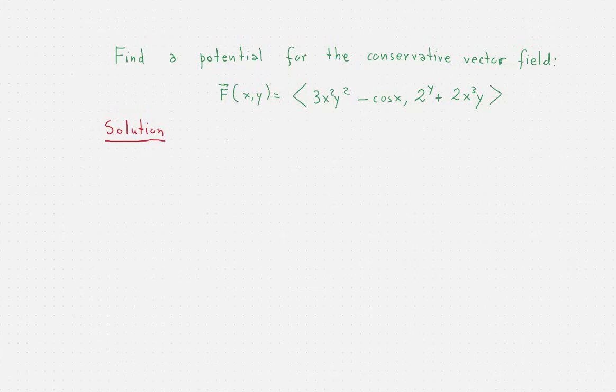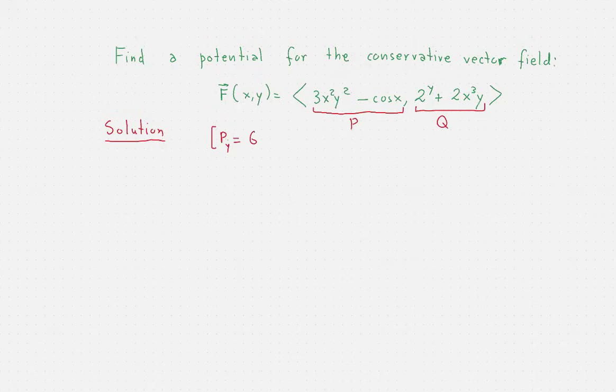And even though it's not asked of us to check that this is a conservative vector field, it might be a good idea to give a quick justification. So first of all, we have a vector field which is defined on all of R squared. And if we take p sub y, we see that this is equal to 6x squared y.